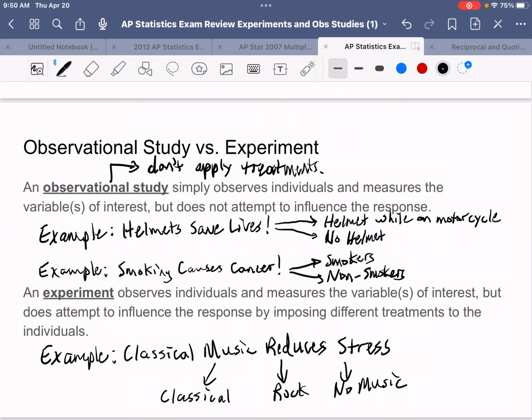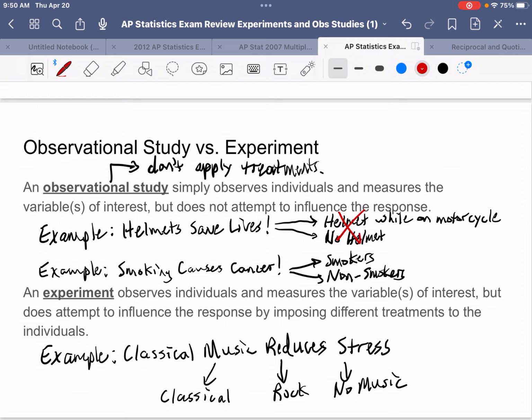An example of an observational study: if you say you want to do a study to show that helmets save lives, you would assign half of your volunteers to wear a helmet on a motorcycle and the other half to wear no helmet. You would not be able to ethically get away with that.